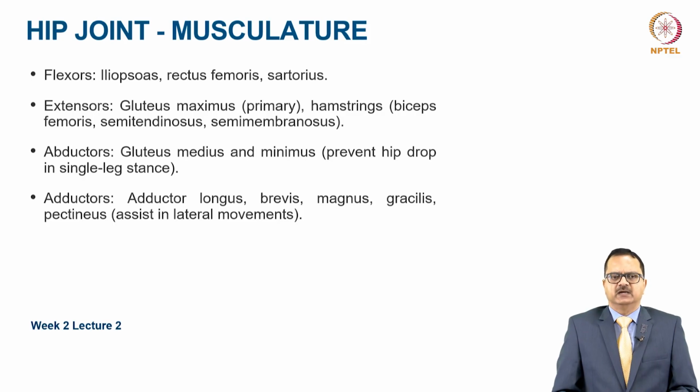Abduction is done by the gluteus medius and the gluteus minimus. These muscles also prevent hip drop in single leg stance. Adduction is done by the adductor longus, adductor brevis, and the adductor magnus. The gracilis and the pectineus also assist in adduction and lateral movements.